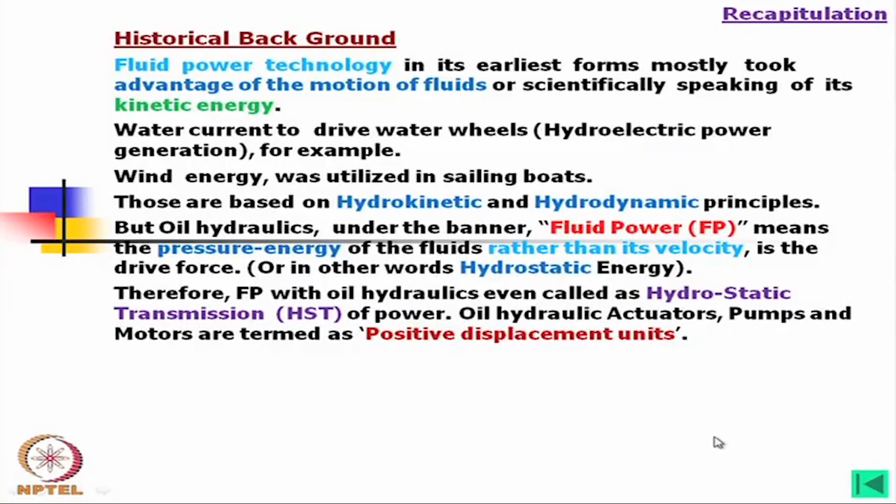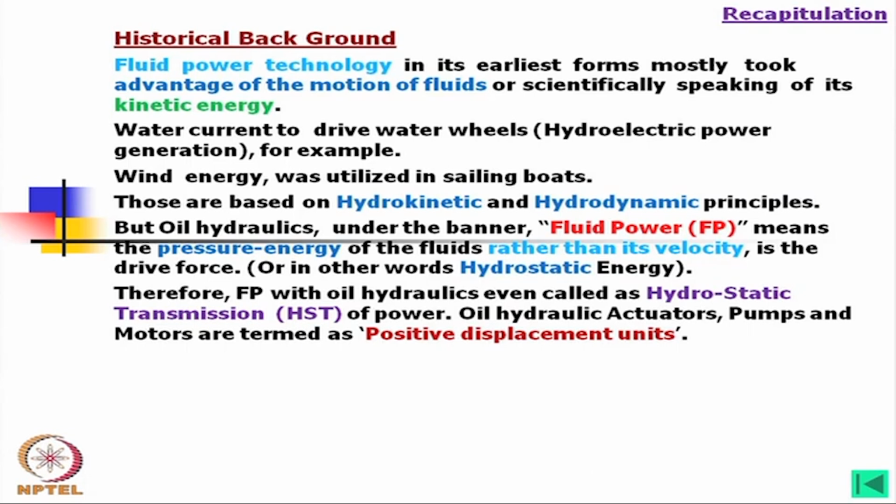Oil hydraulic actuators, pumps and motors are termed positive displacement units. What is the difference between positive displacement units and those which are hydrokinetic? Suppose you think of any impeller, say in a water pump.